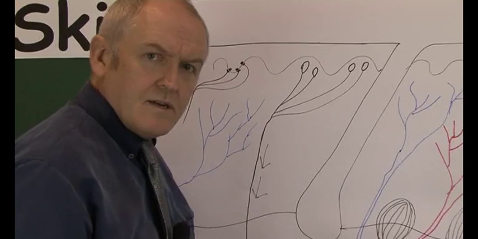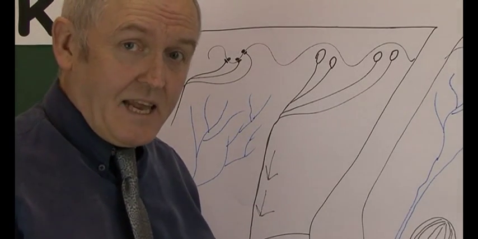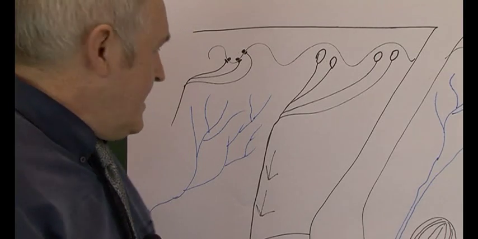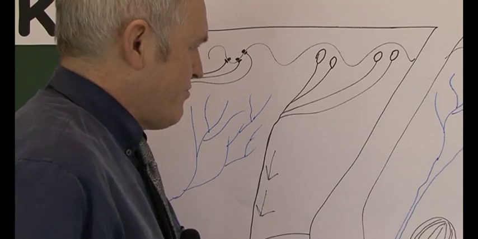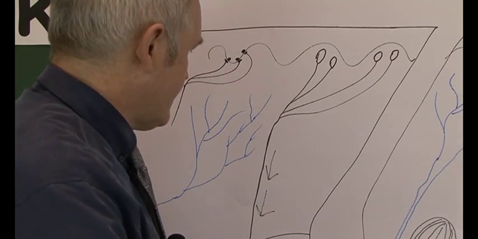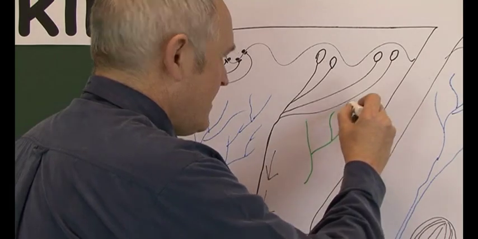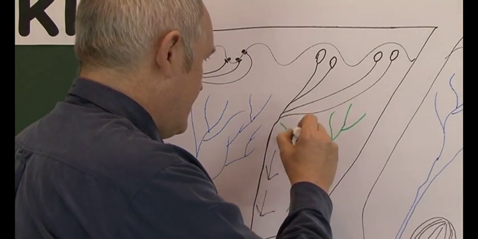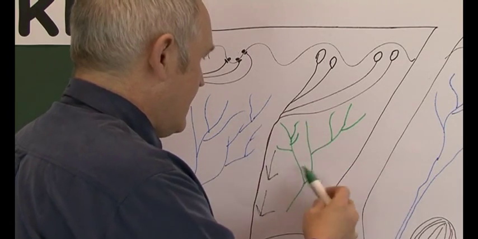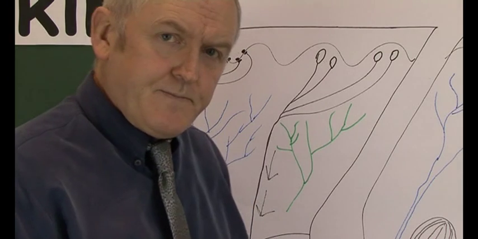Free branched nerve endings in the dermis generating a sensation of tickling. And also, there's another type of branched free nerve endings, and these are sensitive to itch. So when you're itchy, these are generating that sensation of itch.